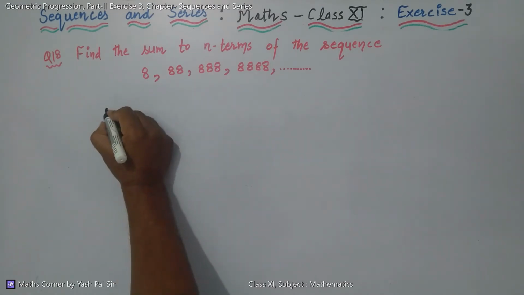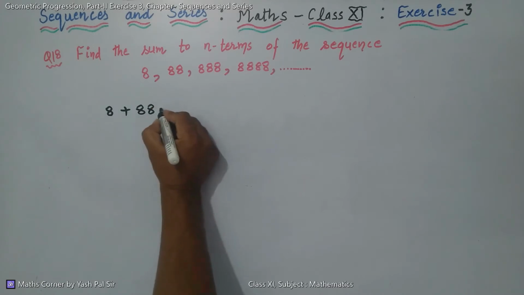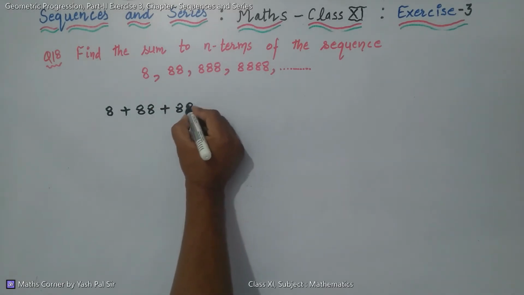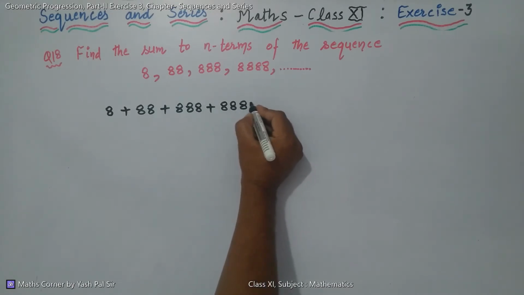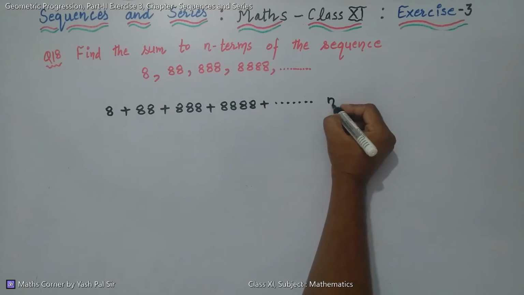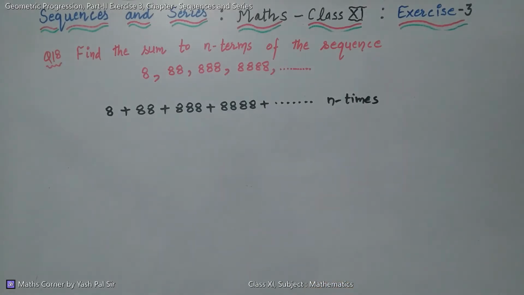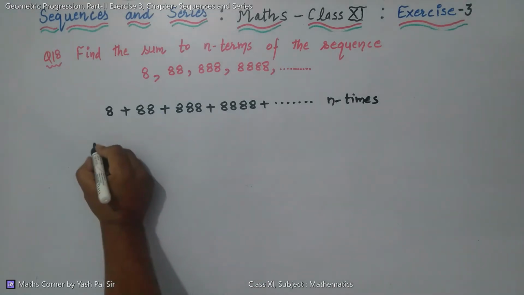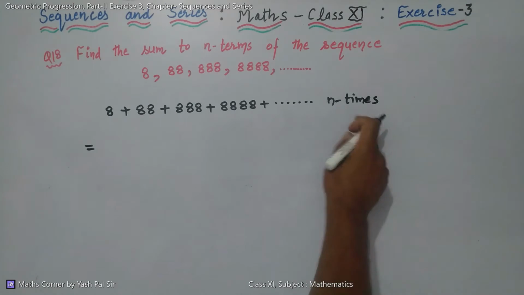We are required to find the sum 8 plus 88 plus 888 plus 8888 plus so on n terms. So what we can do is take 8 common throughout, up to n terms.